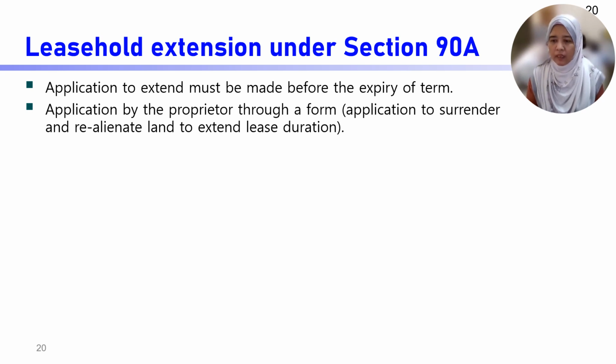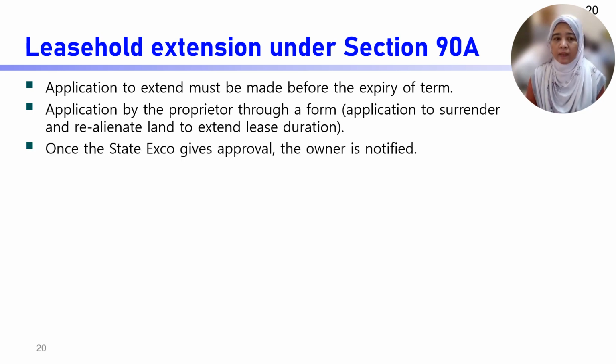Very specific. So you surrender the remaining number of years on your land, in the hope of being given a new leasehold, with a new duration, either 30 years, 60 years, 99 years or 999 years.